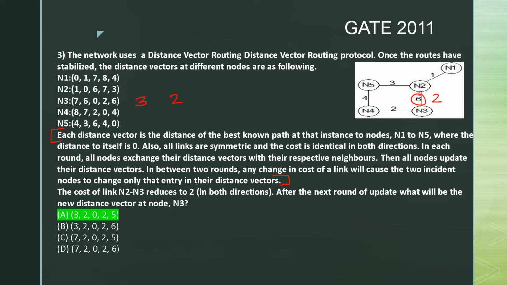N3 to the same node itself is 0. Then N3 to N4, no change, it is 2. N3 to N5: if we go by this way, it is 4 plus 2, 6. If we go by this way, it is 3 plus 2, 5. So now this is changed to 5. So after the update of this link N2 to N3 from 6 to 2, this will be the modification. So option A will be the answer.